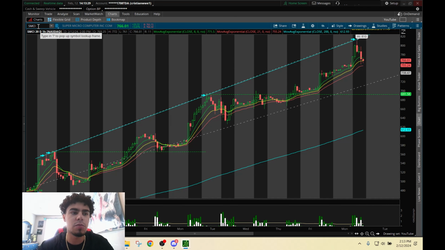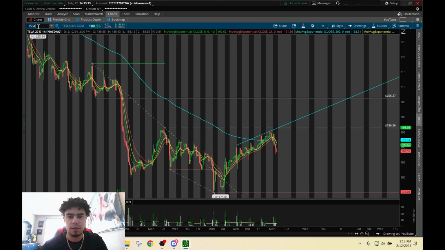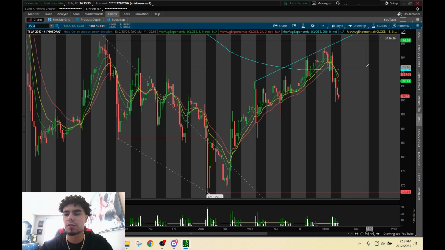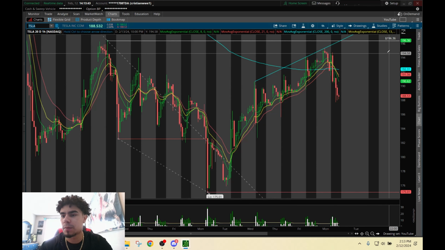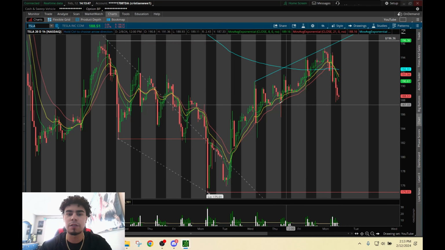Now, when you come to a smaller stock, let's say Tesla, for example, you might want to look at every dollar for a psychological level, because you might have orders set up at 195, 194, 193, and so on. So every dollar on smaller stocks, or $5 to $10 on larger market cap stocks.